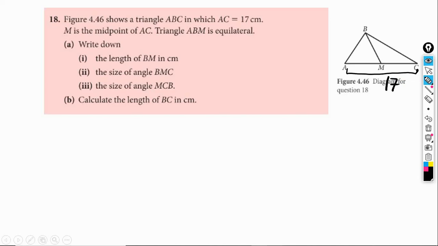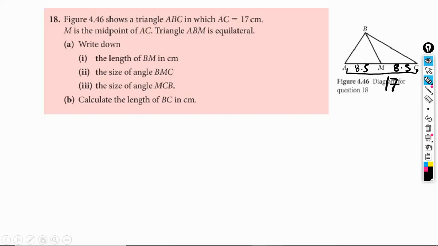Notice that if it's the midpoint, that means something, right? That means that it cuts this side AC in exactly two equal lengths. So that means that AM is going to be 8.5, and so is MC, half of 17.